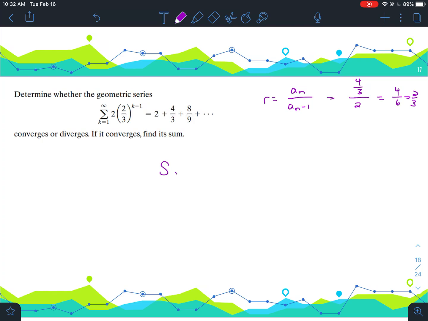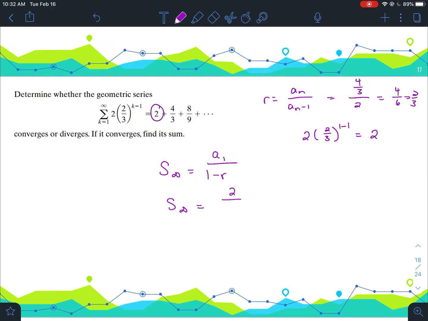And then to find the sum of the infinite number of terms, remember, you take the first term divided by 1 minus the common ratio. So in this case, the first term, plug in 1. So this would be 2 times 2/3 to the 1 minus 1 power, which would just end up being 2, which makes sense because they gave it to us.